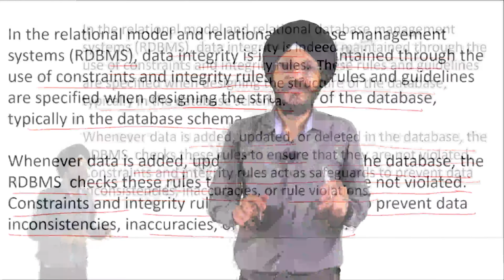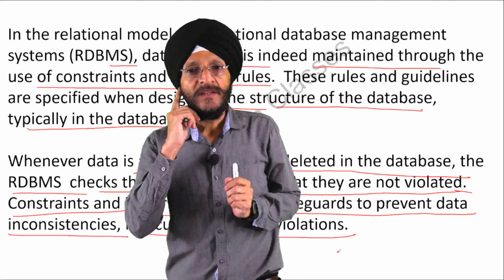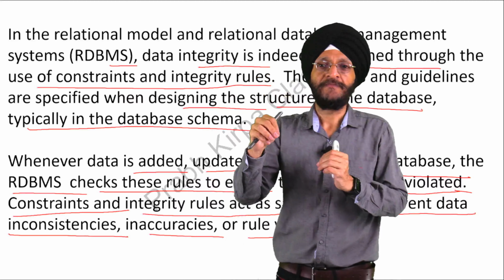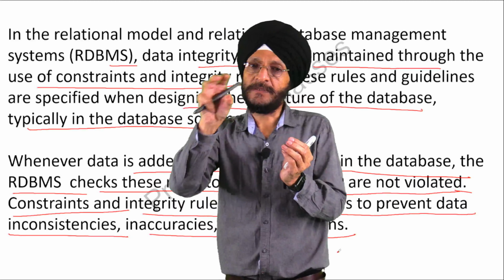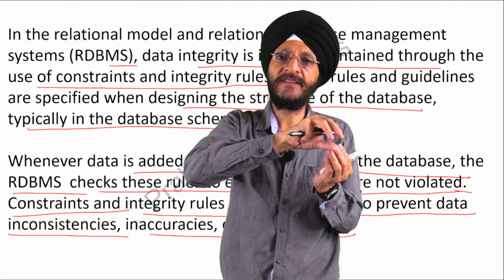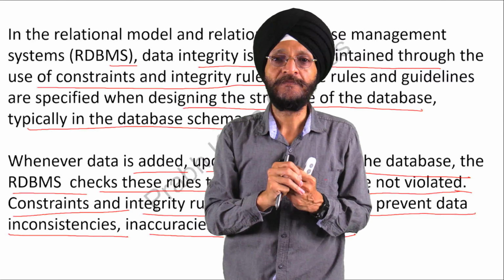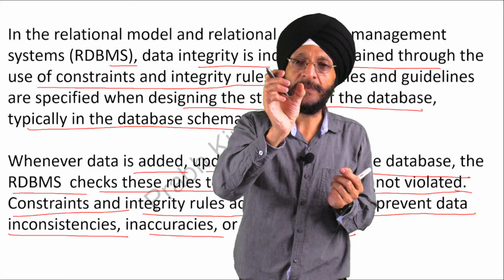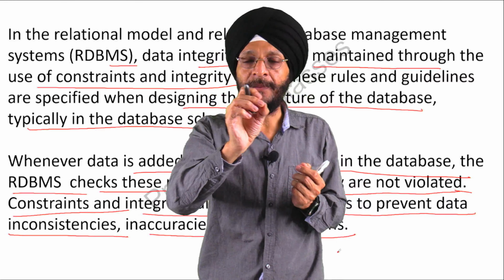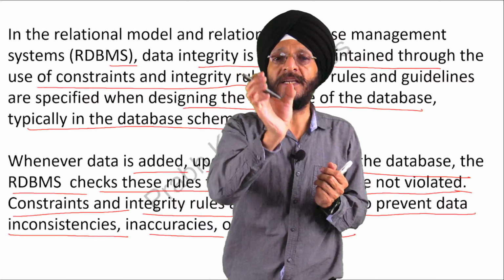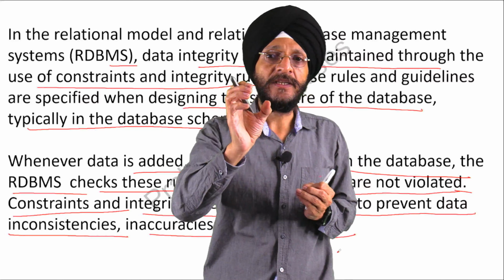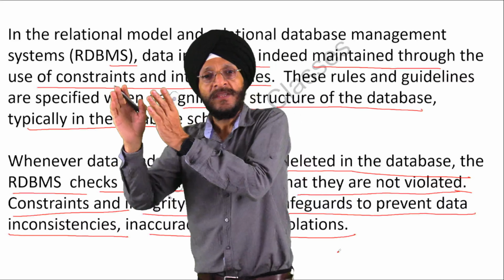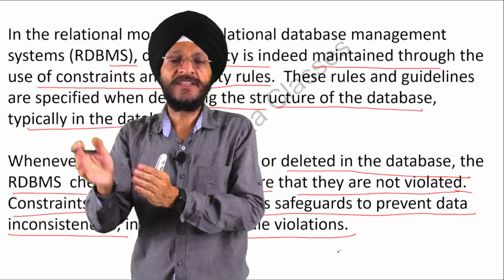It means that whenever you add something in the relational table, the system will automatically check whether it is as per the rules which have been defined at the level of the database designing, that is already discussed, whether the customer ID should start with A, B, or C, whether the same customer email address is already existing, or whether the same customer ID is already appearing in the database.